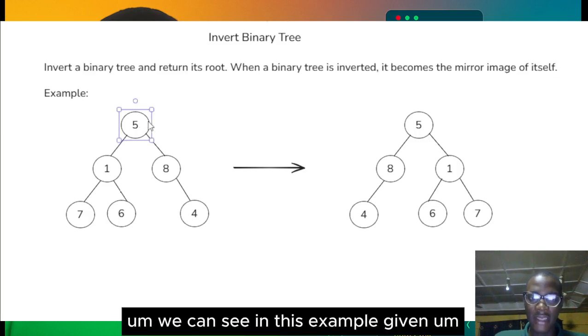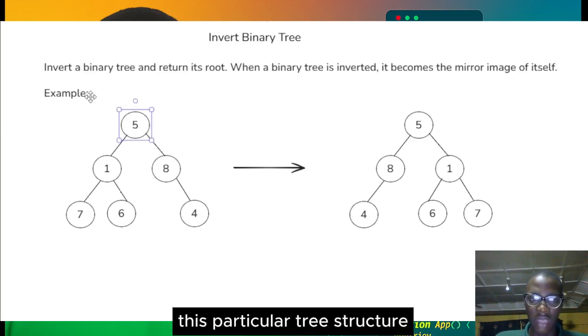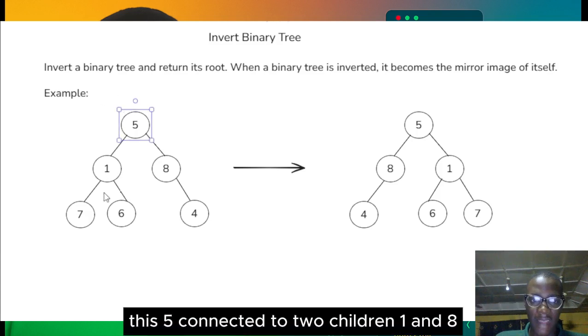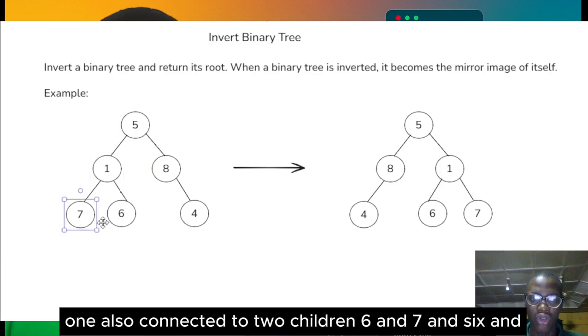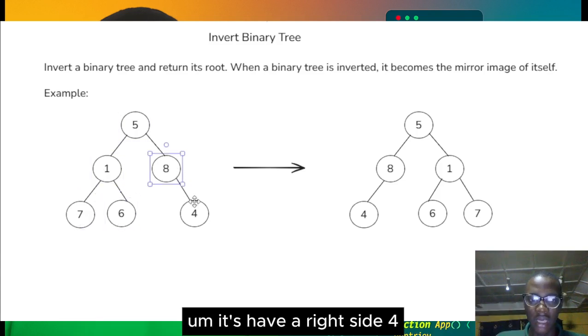We can see in this example, given this particular tree structure, 5 is connected to 2 children, 1 and 8. 1 is also connected to 2 children, 6 and 7, and 6 and 8 have a right child, 4.